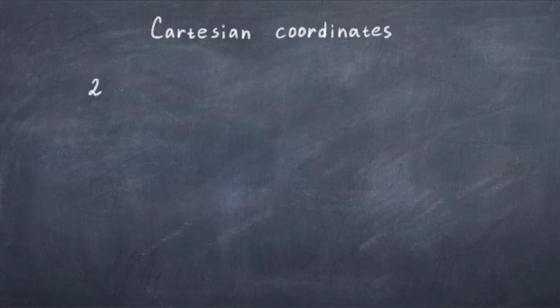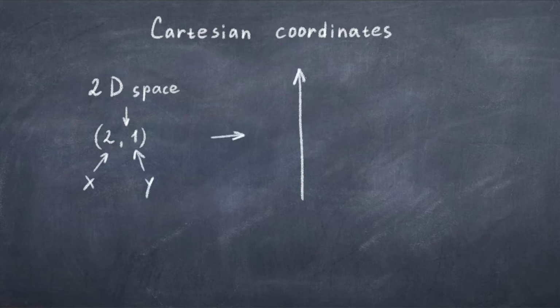The first coordinate system which most people are introduced to in school or high school is the Cartesian coordinate system. For simplicity, we can consider the two-dimensional Euclidean space. Now you can draw your coordinate system with some origin and then make a dot at some point with coordinate (2,1).